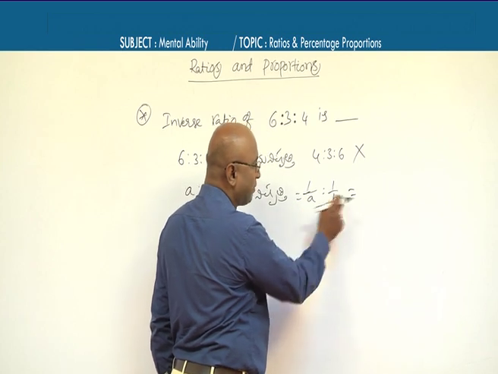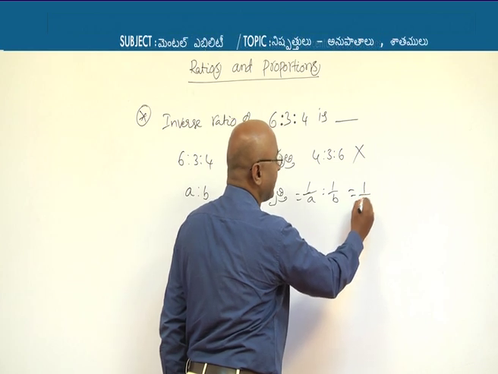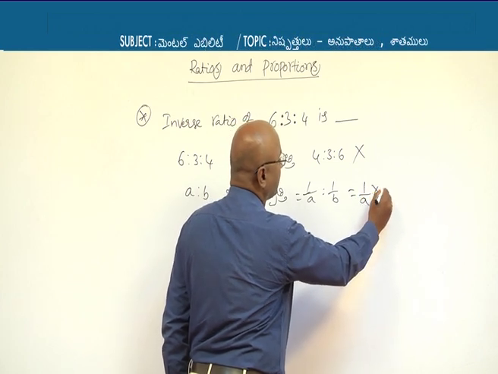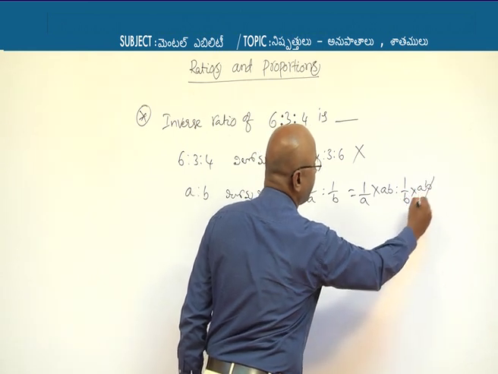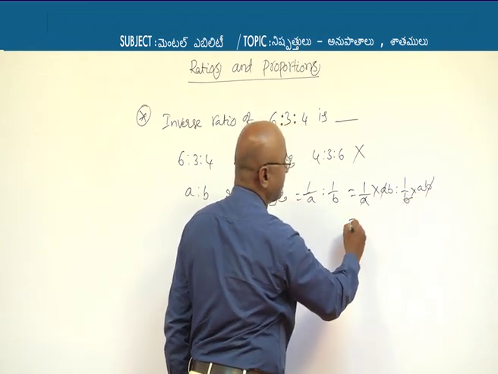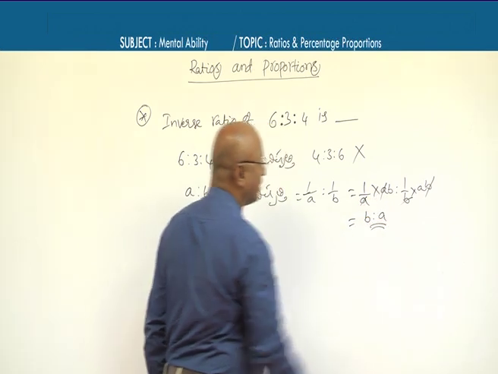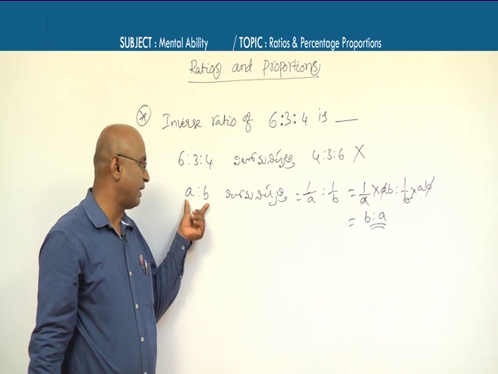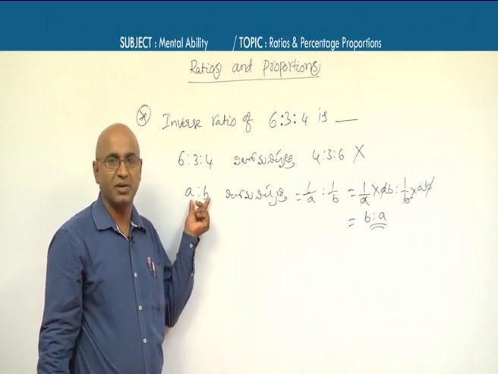Now multiply the fractions with the LCM, then you will get 1/A into AB is to 1/B into AB. B gets cancelled and A gets cancelled. Now that is B is to A. When there are only two terms, the inverse ratio of A is to B is B is to A.